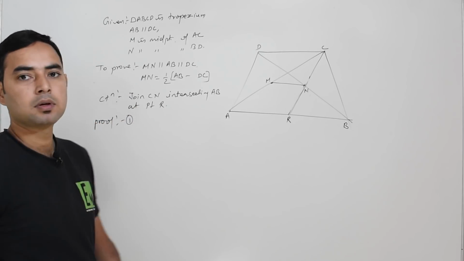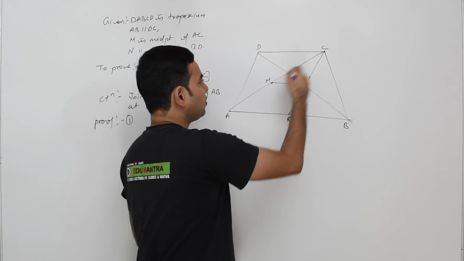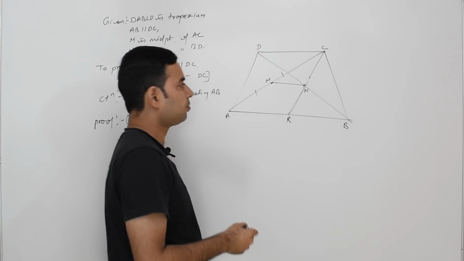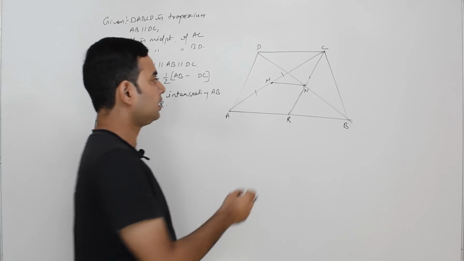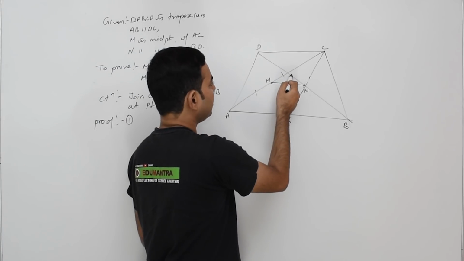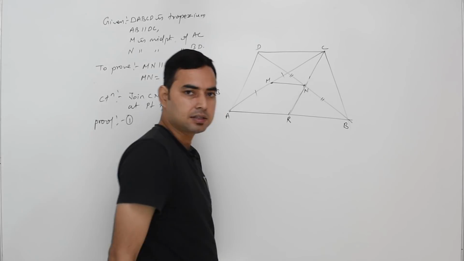First point. We know that M is the midpoint of AC. It means AM equals MC, and N is the midpoint of BD. That's why DN is equal to NB.